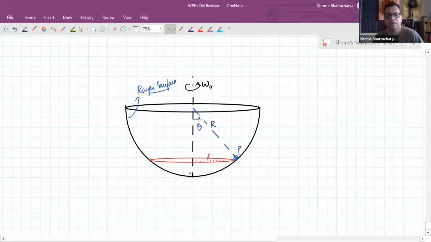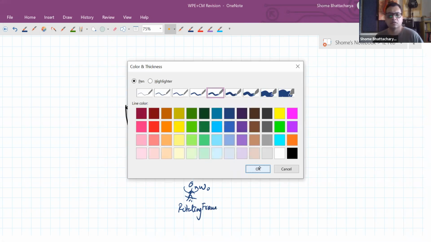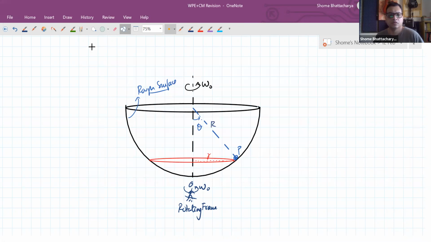So in this rotating frame now, which is going around with an angular speed omega naught, the forces acting on the particle will include centrifugal force, which will act in this direction.